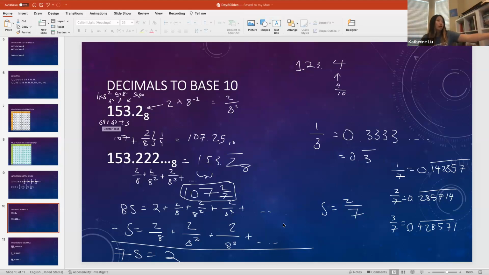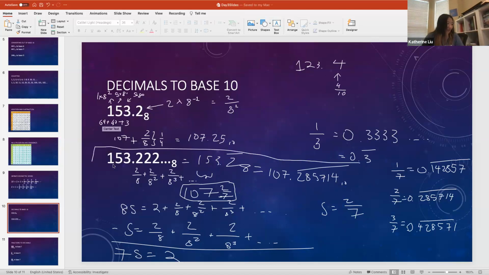So 153.2 repeating base 8 is the same thing as 107.285714 repeating base 10. And I guess you can choose whichever one you like more, base 8 or base 10.